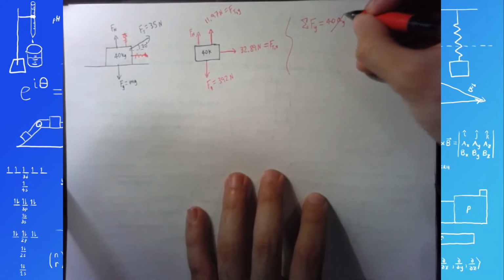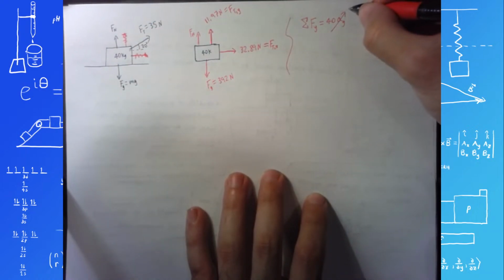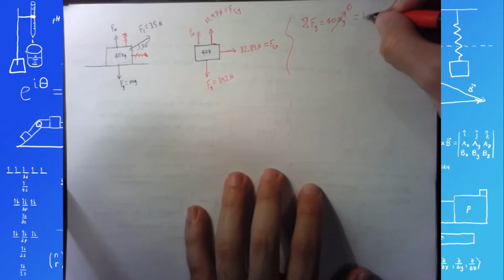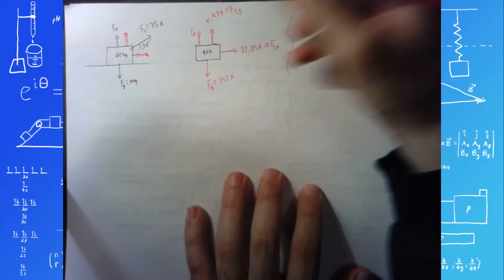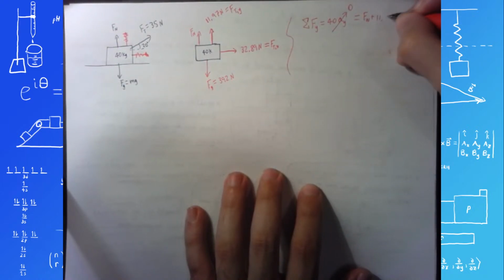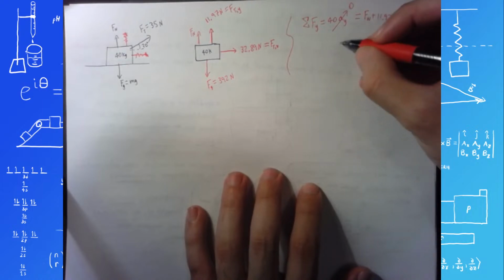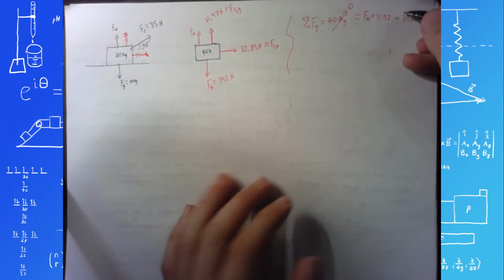Common sense would suggest the acceleration in the y direction here is 0. So that gives me normal force upward, plus I also have this 11.97 upward, minus 392 downward is equal to 0. So add 392 over to 0 and subtract 11.97.